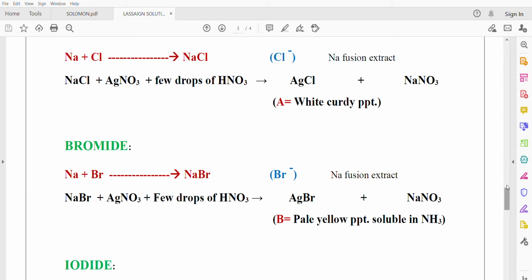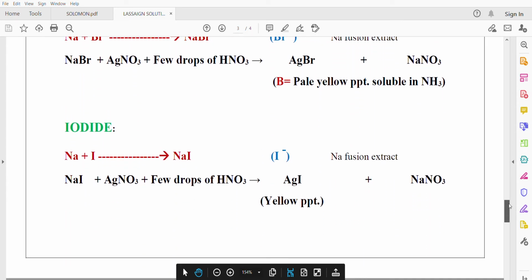And if you don't observe curdy but rather pale yellow precipitates, it means bromide is present. And these pale yellow precipitates are soluble in ammonia. When you get a yellow PPT, a good color of yellow, not pale, a beautiful yellow, it means iodide is present.